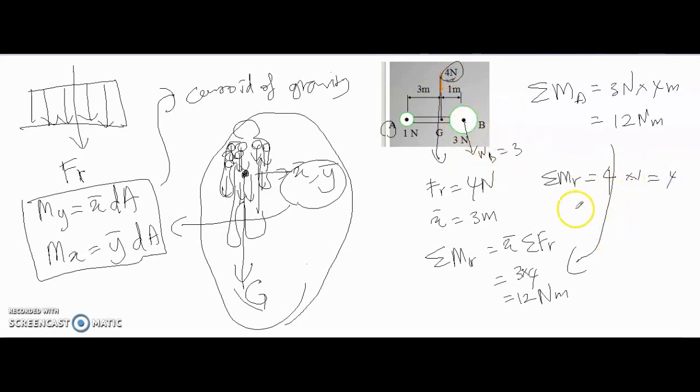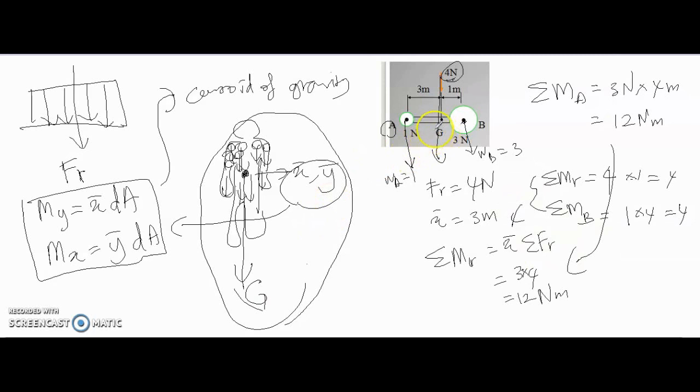And then for the moment about point B, we only have the force from the weight of A here, which is equal to 1. And then the line of action is 1 plus 3, which is 4. So this one is also equal to 4, okay, the same as the previous one.